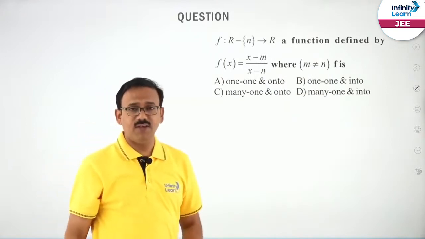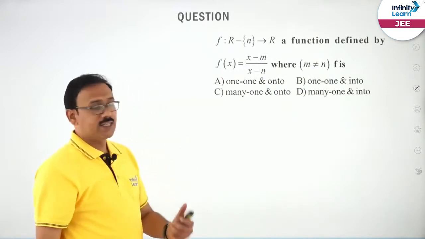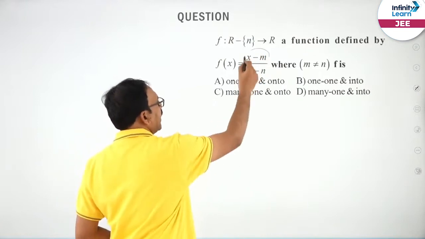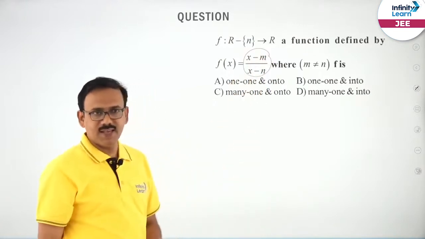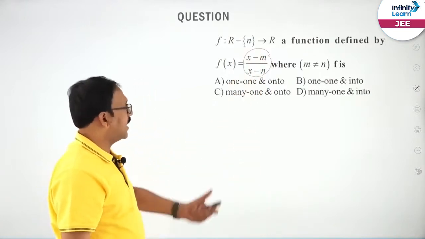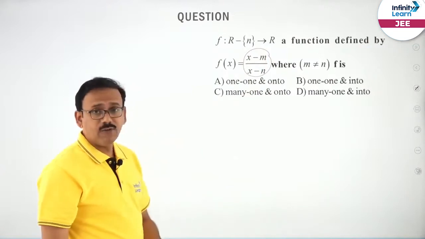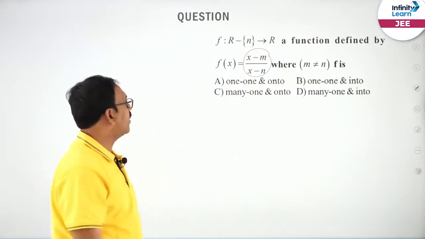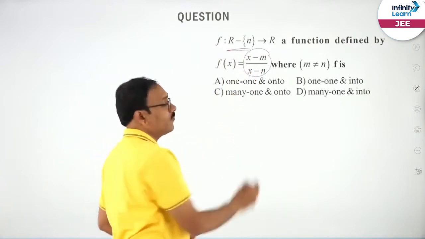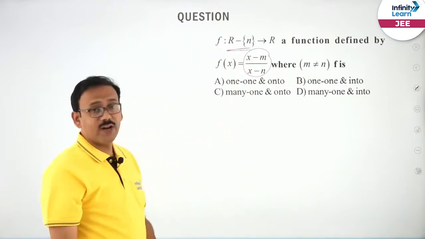In the same way, you see this function f is given like x minus m by x minus n, of course m different from n. Now friends, I think you know the domain of this is R minus n, fine. First of all, what about its 1-1 nature?